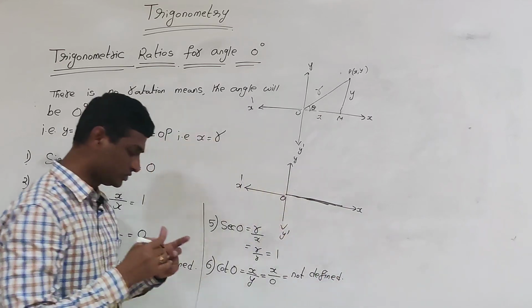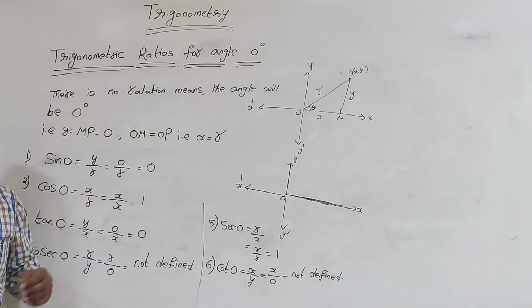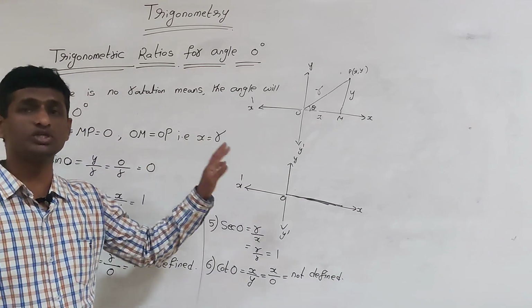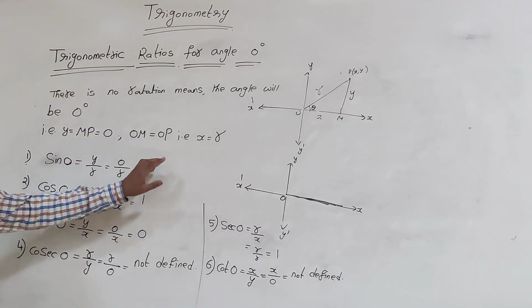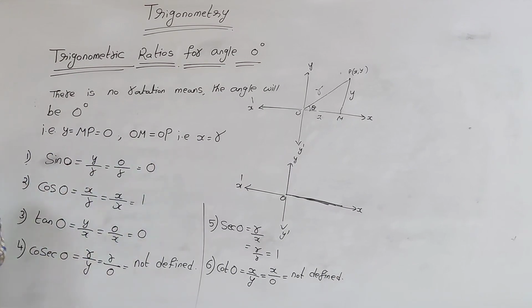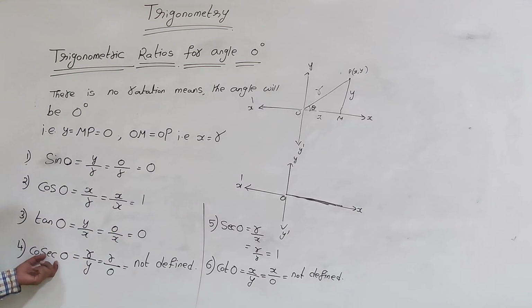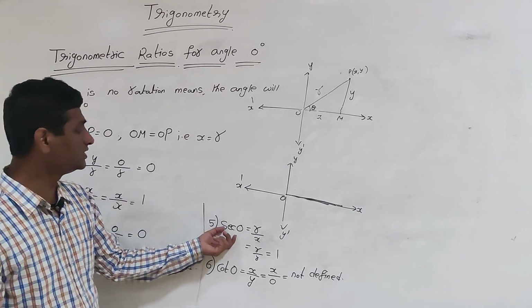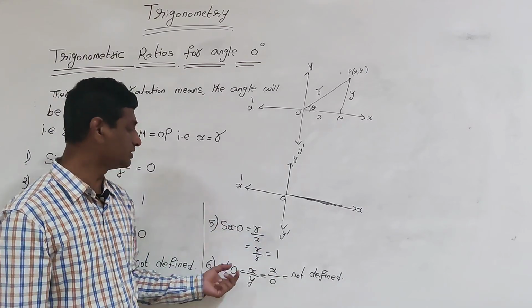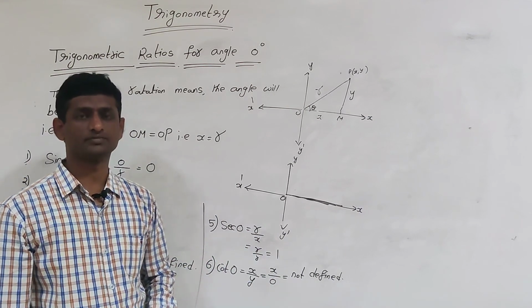So the 6 trigonometric ratios for 0 degrees are: sin 0 is 0, cos 0 is 1, tan 0 is 0, cosecant 0 is not defined, secant 0 is 1, and cot 0 is again not defined.